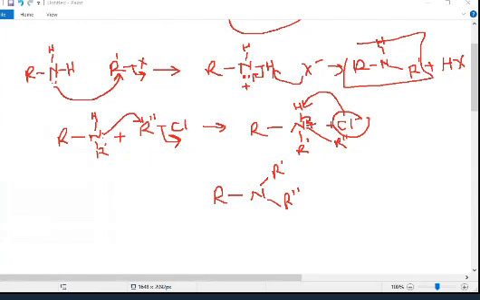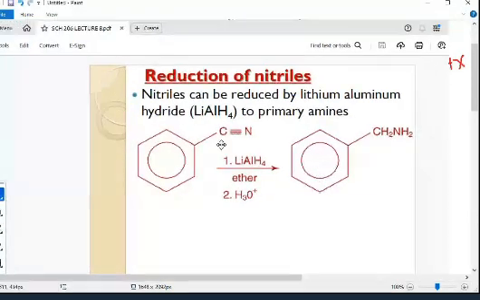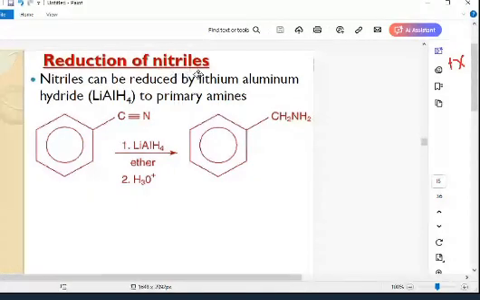Another way of preparing the amines is through reduction, the reduction of nitriles.